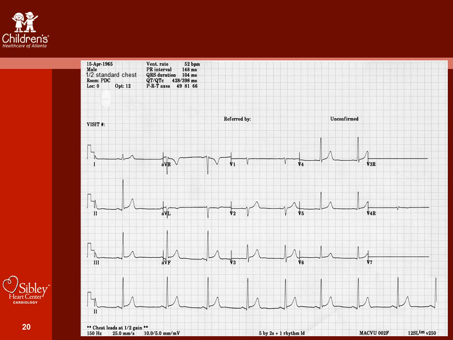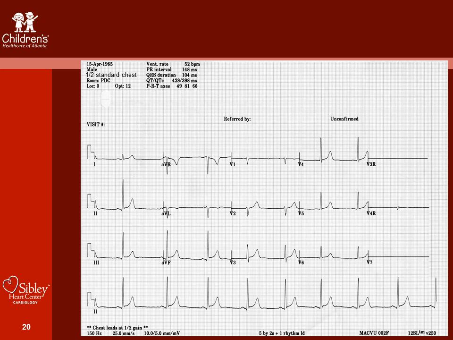Sorry, I skipped ahead. If you were to look at this EKG, you would think, okay, everything looks great, but it's important to look over here, and this will tell you the size of our standards across. The first half of this box is for the body leads, 1, 2, 3, AVR, AVL, and AVF, and the second half stands for the precordial leads, V1 through V6.